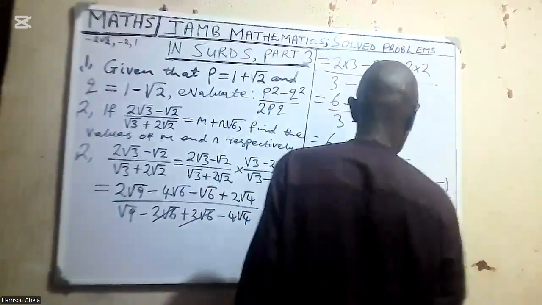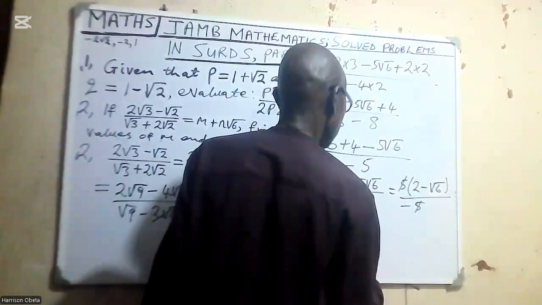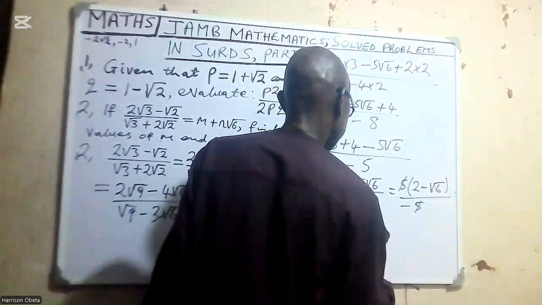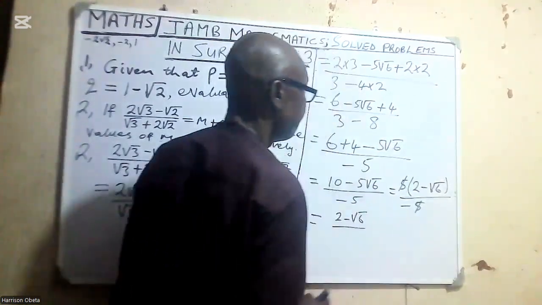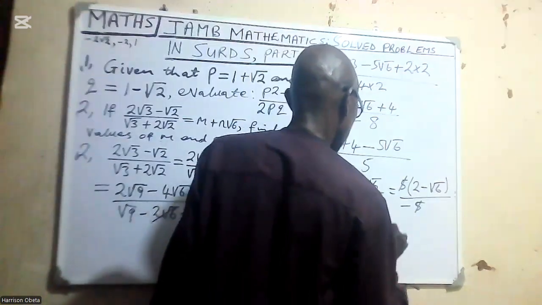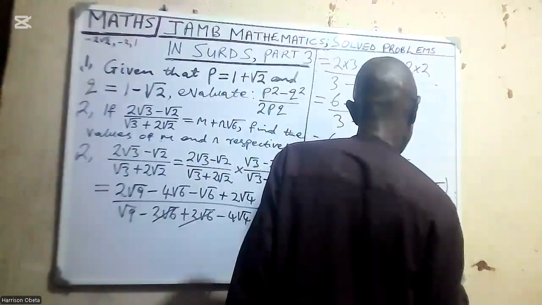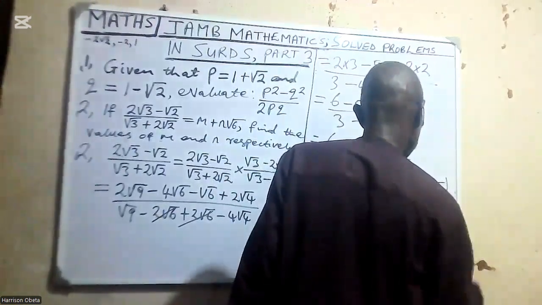You divide, that will lead us to 2 minus root 6 all over minus 1, which we can write as minus bracket 2 minus root 6.